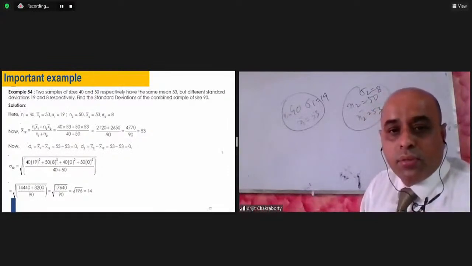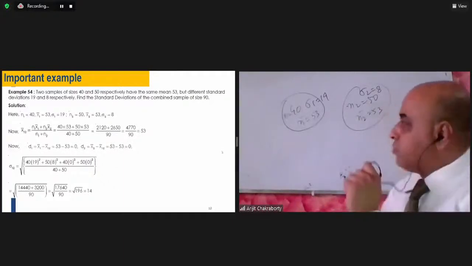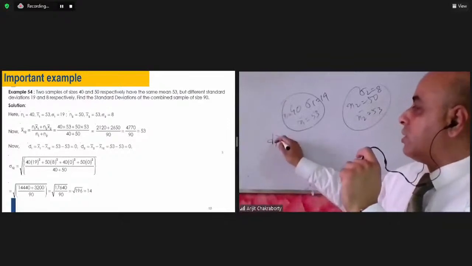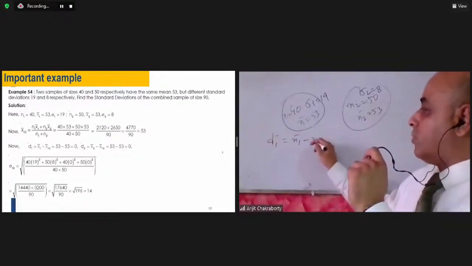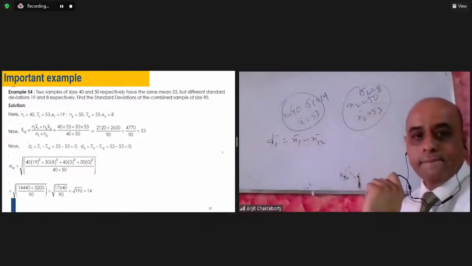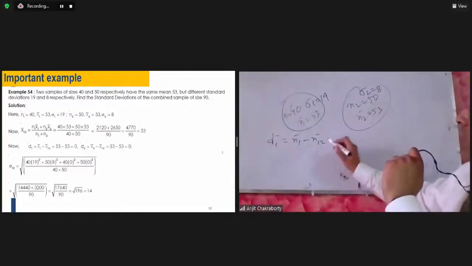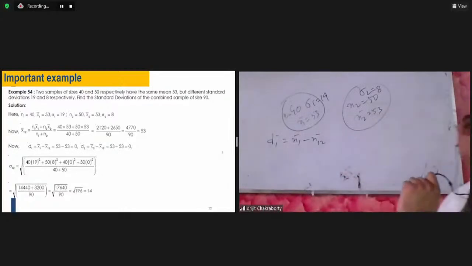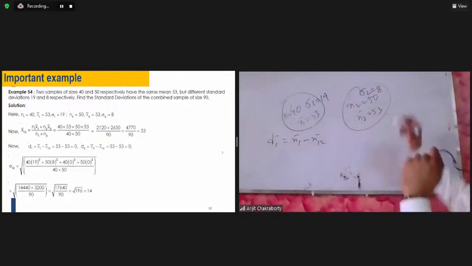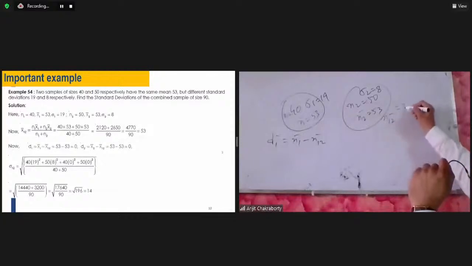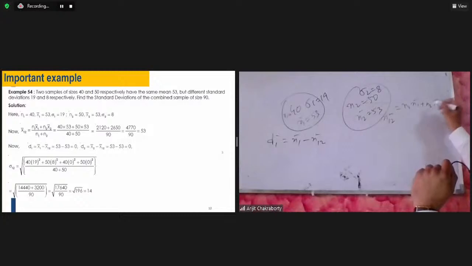So first and foremost, we have to find out the deviations, that is D1 and D2. Now D1, if you see, D1 basically was x1 bar minus the combined mean. Okay, now we have to find the combined mean, x12. x12 bar we can find out from the formula which is given, that is x12 bar is equal to n1 x1 bar plus n2 x2 bar divided by n1 plus n2.